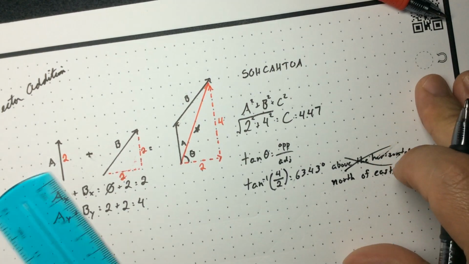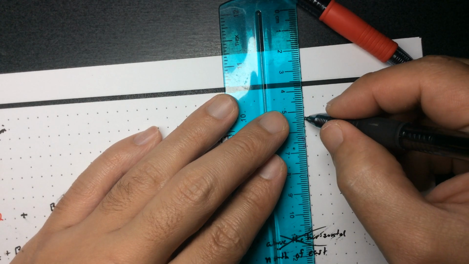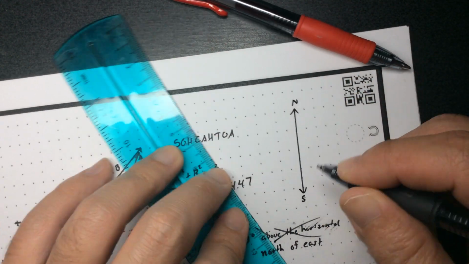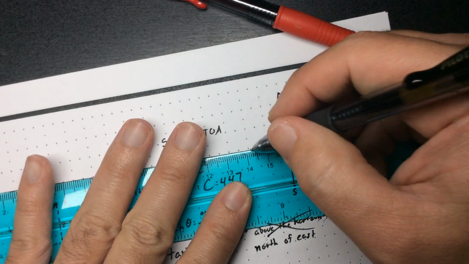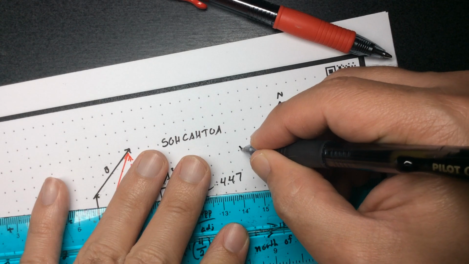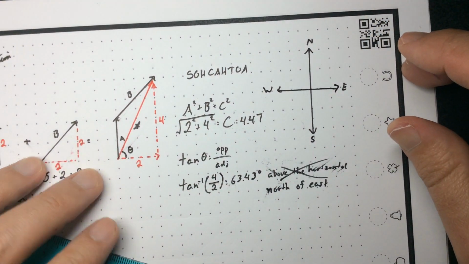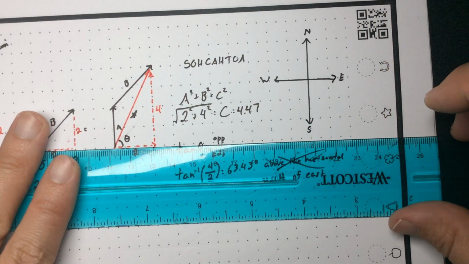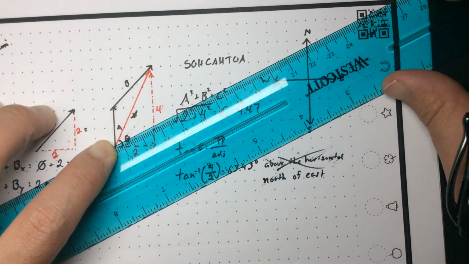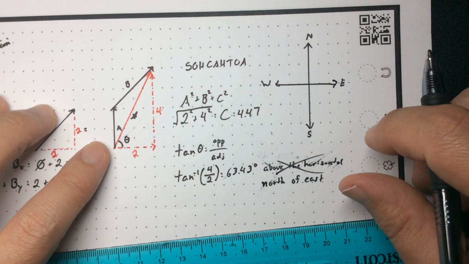And so you would imagine that we have a compass, and we know that north is up here, south is down here. And if that's the case, then you've got east to the right and west to the left. And so this angle is measured 63.43 degrees north of east, and so we know exactly where it is.